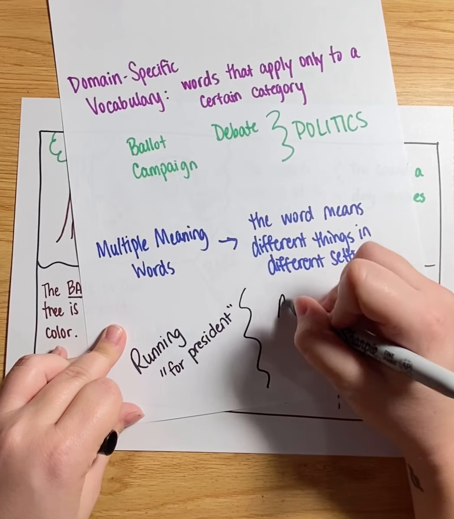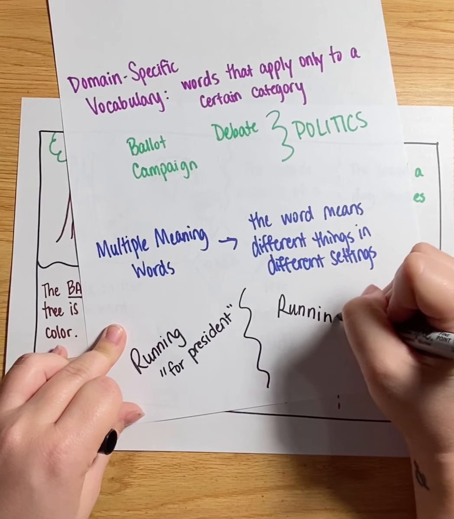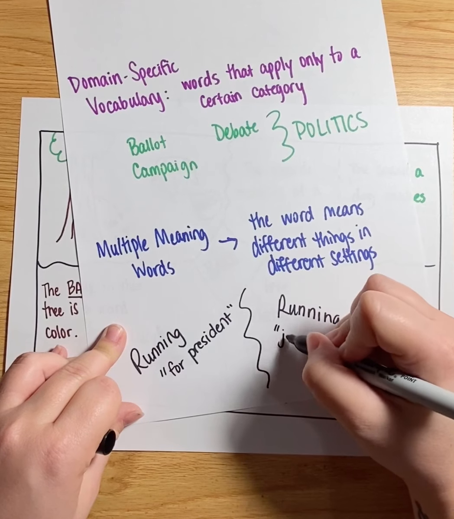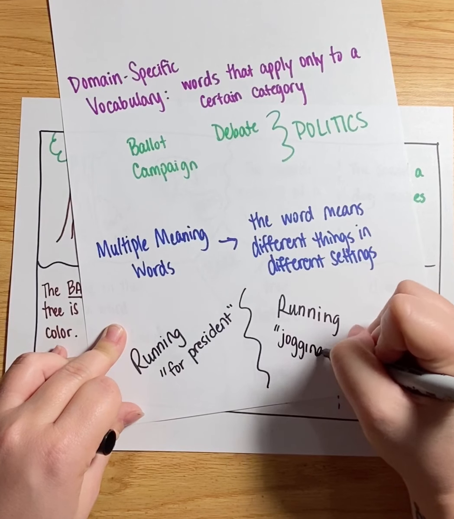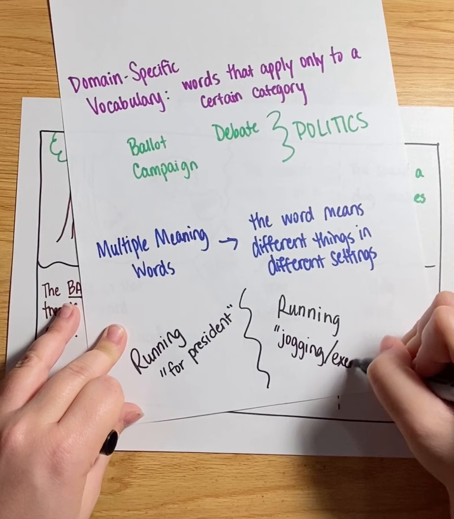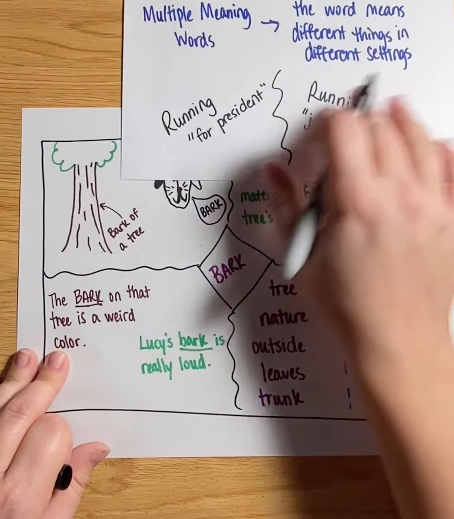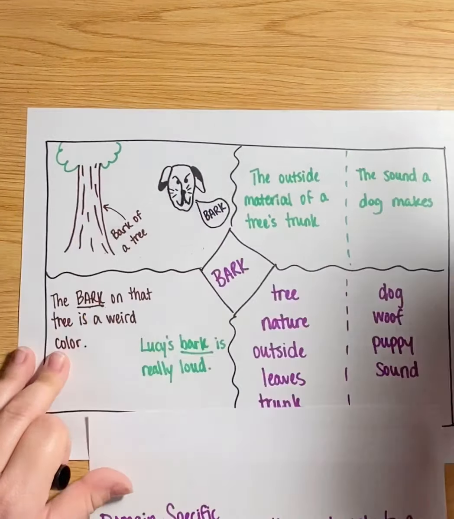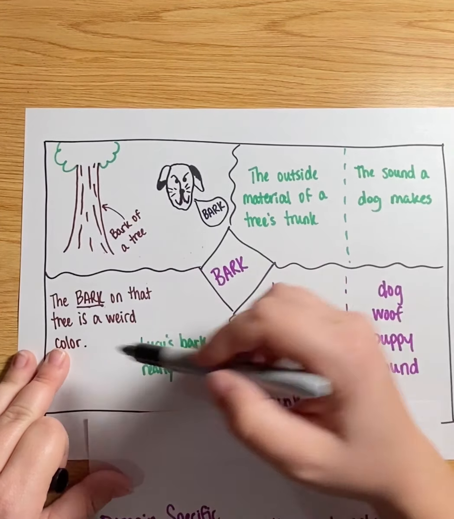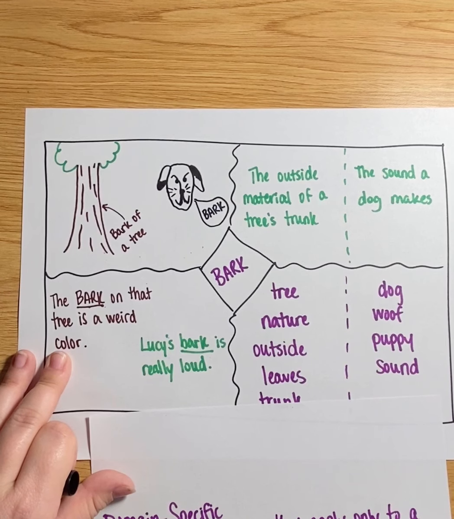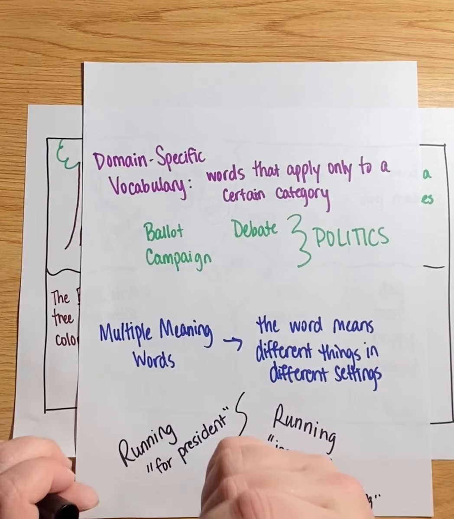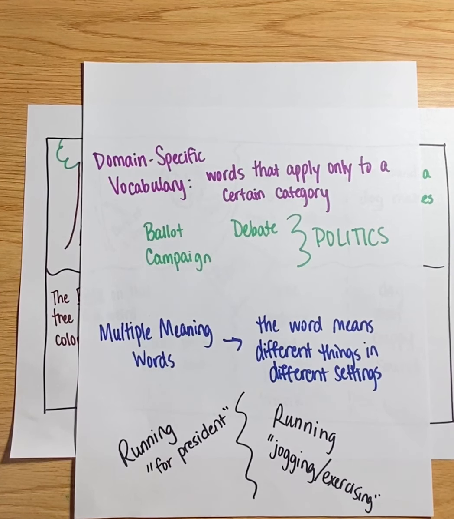There's also running as in like jogging or exercising. Okay. So that's what you're going to do. And you will have 2 pictures, 2 definitions, 2 sentences, and 2 categories of words that relate. So super important that you do this activity to the best of your ability. Find pictures that are fun, that show your ballot, your campaign, and your 2 types of running.